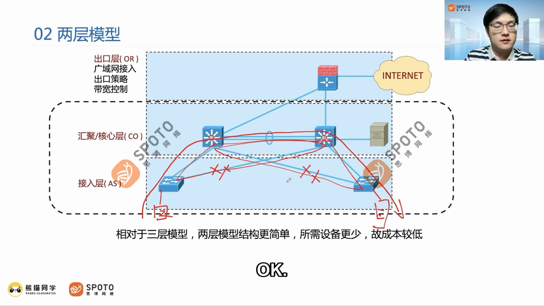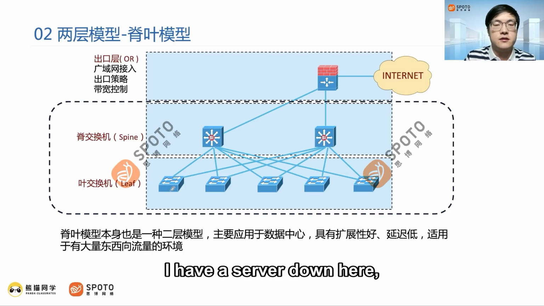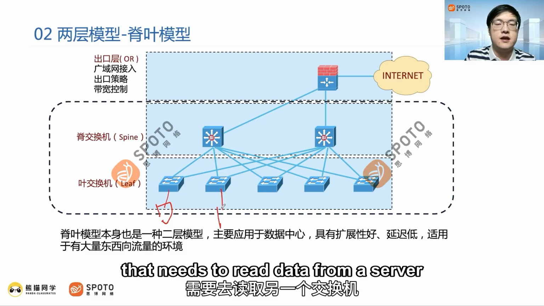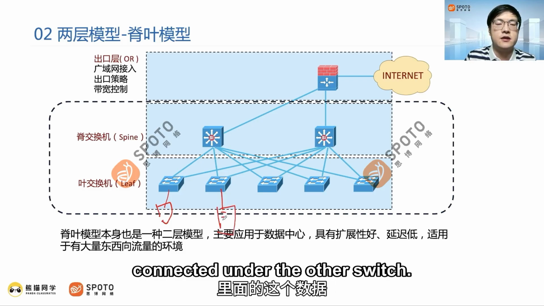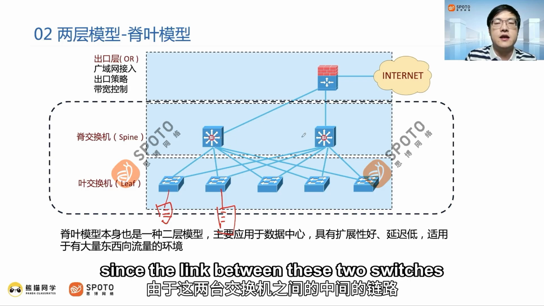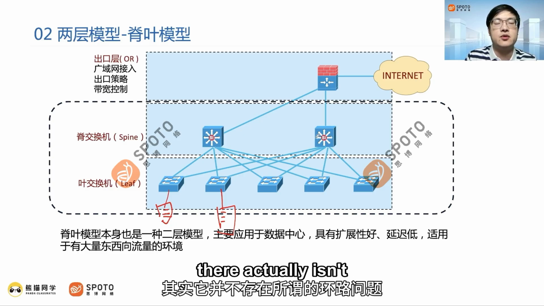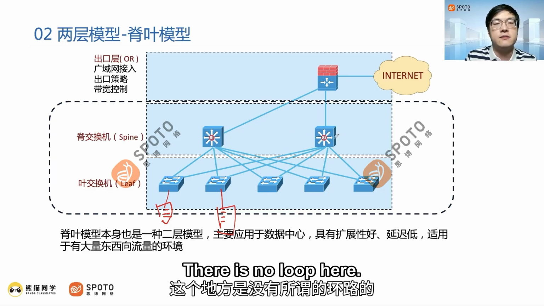Now let's look at the access layer. I have a server down here that needs to read data from a server connected under the other switch. So what does that traffic flow look like? Since the link between these two switches is gone, in this scenario there actually isn't a so-called loop problem. There is no loop here.